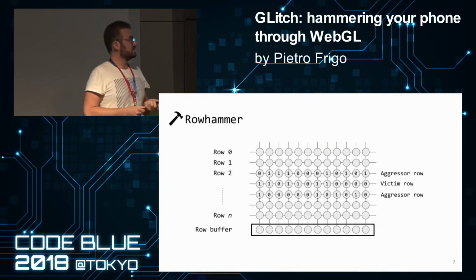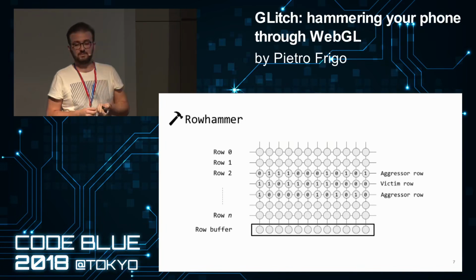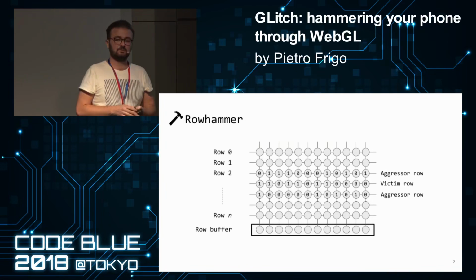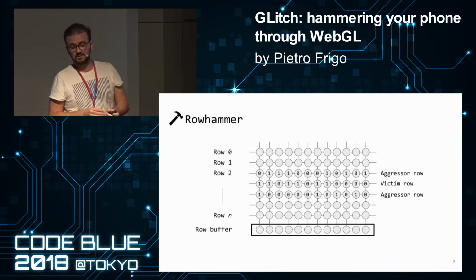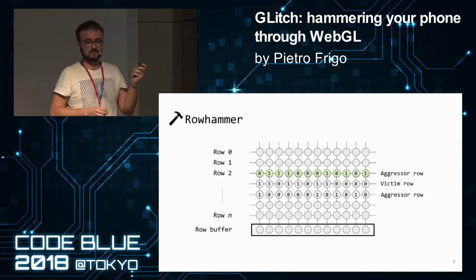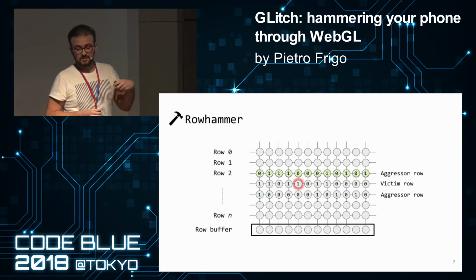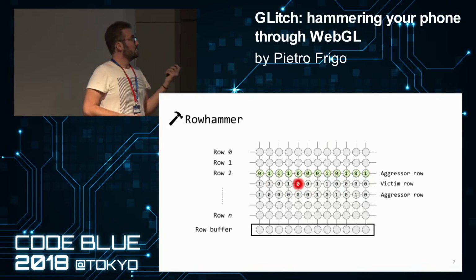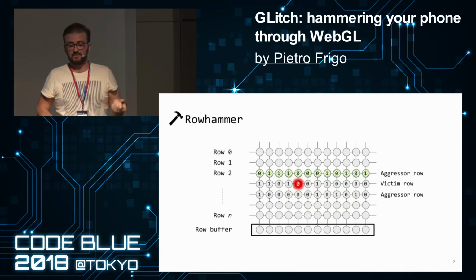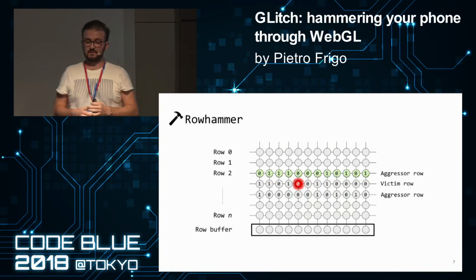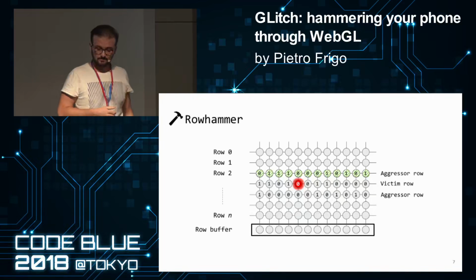Now, what researchers discovered is that if you perform a specific access pattern, usually choosing two aggressor rows with a victim row in the middle, and you access the aggressor rows fast enough, the charges in the victim row might start leaking. At one point, you can trigger a bit flip, so you can change the data from a 1 to 0 or 0 to 1, again depending on the encoding.